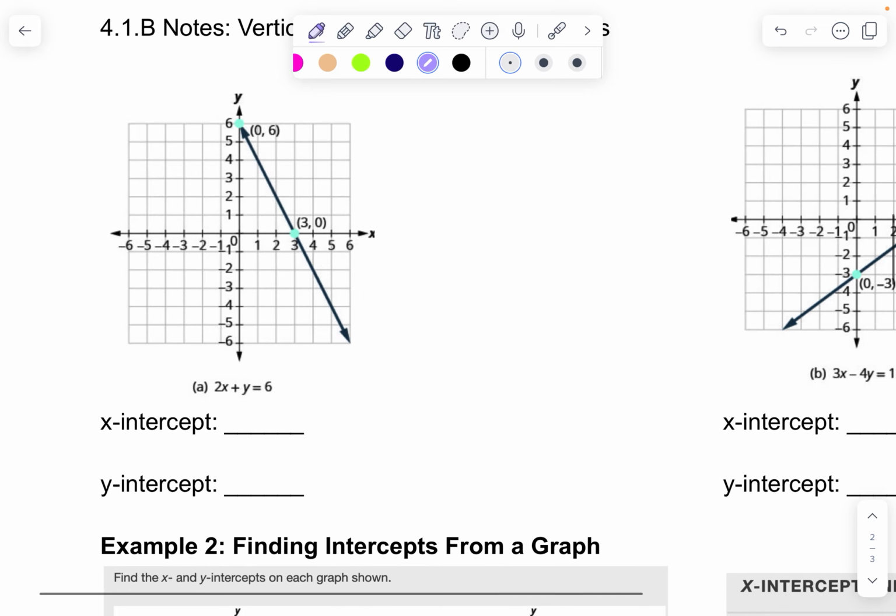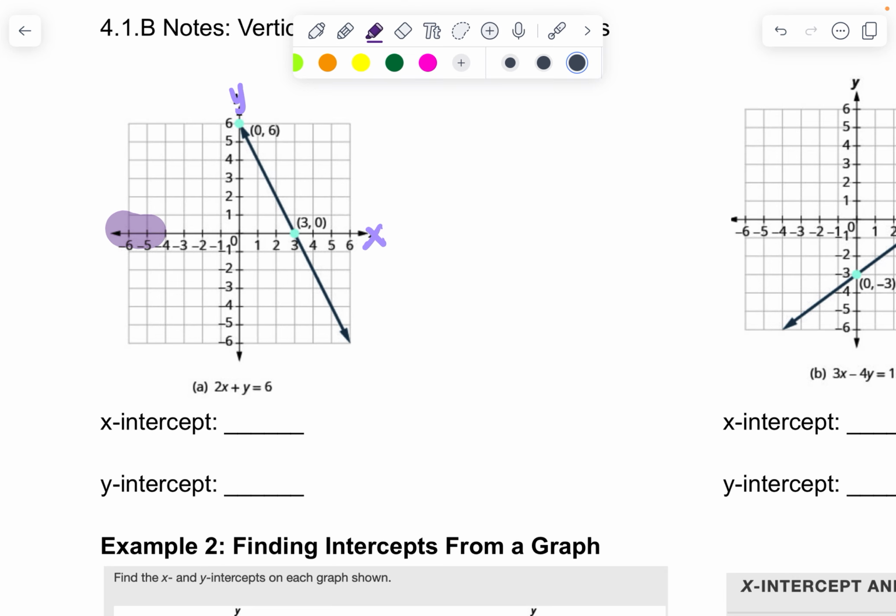So let's look here. Remember, this is the x-axis. This is the y-axis. So if I go along the x-axis, I notice that the graph crosses the x-axis right here.